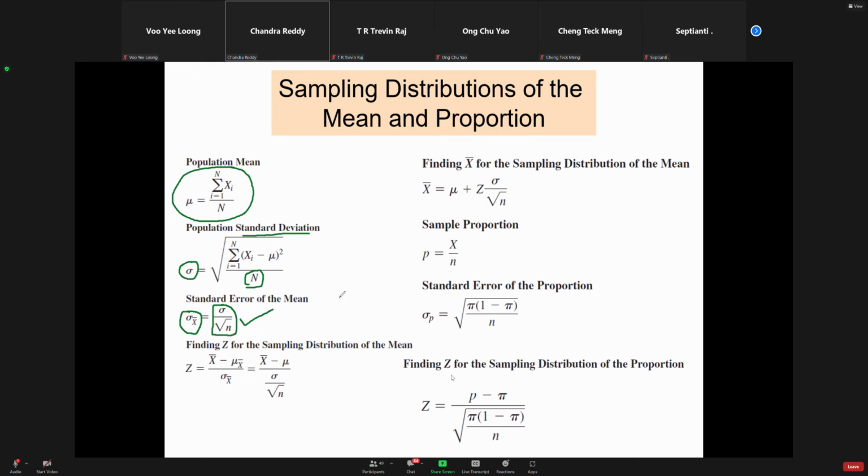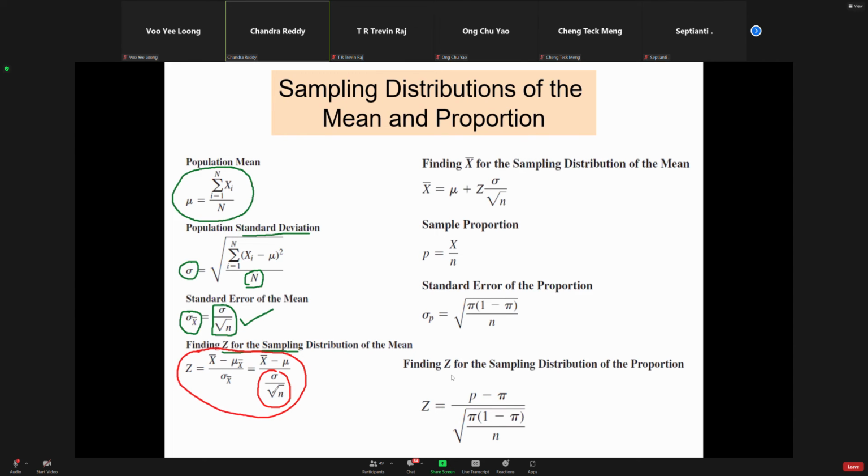When we are dealing with samples, not populations, the standard deviation for the sampling distribution will be sigma over square root of n, where small n is the sample size. So the Z statistic for the sampling distributions is Z equals x bar minus mu over sigma over square root of n.